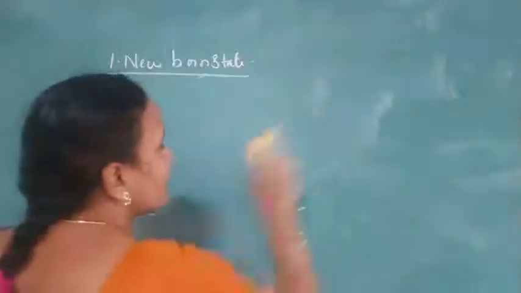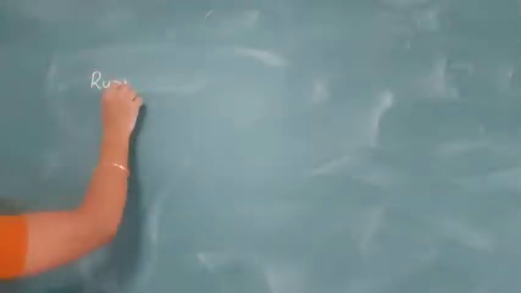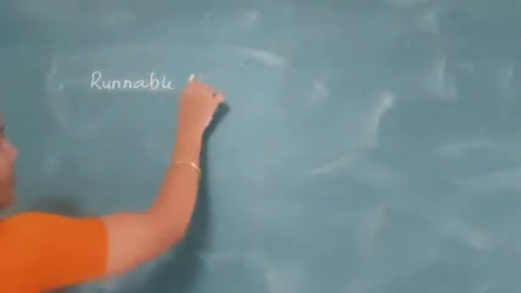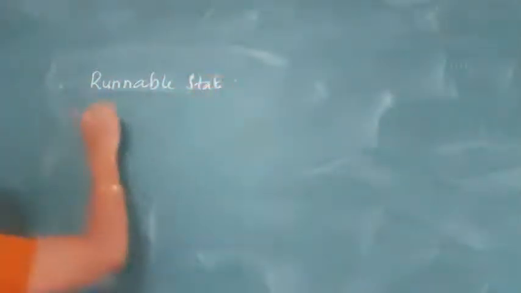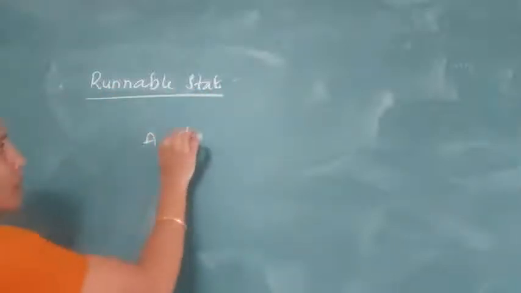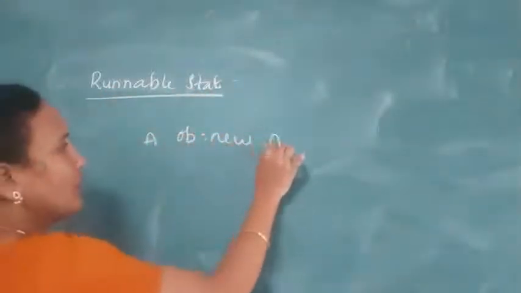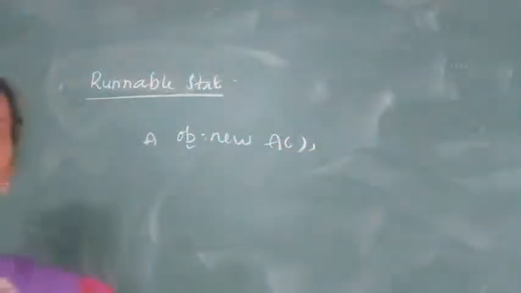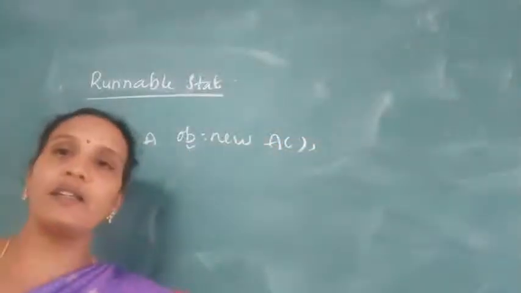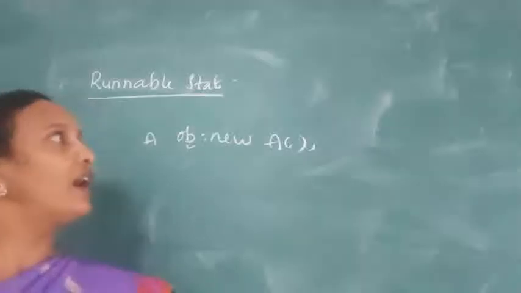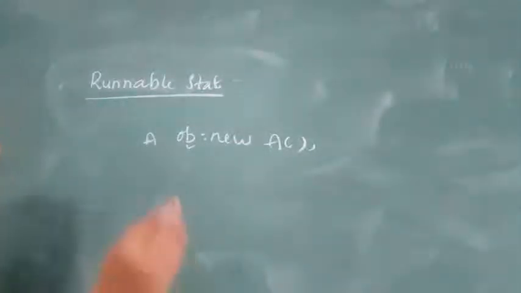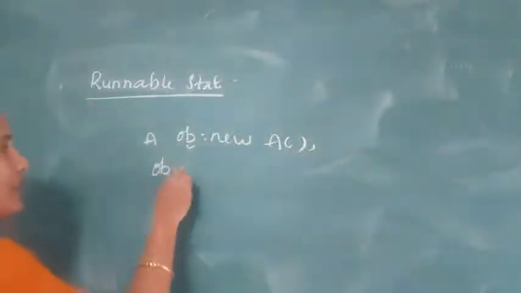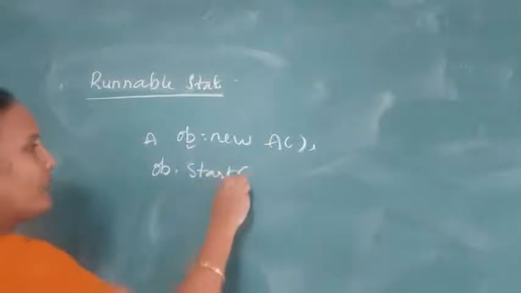The next state is the runnable state. See the example: A OB = new A. Here the thread object is created, so the thread is in a newborn state. Now I want to start the execution, so I call the start method of the Thread class.